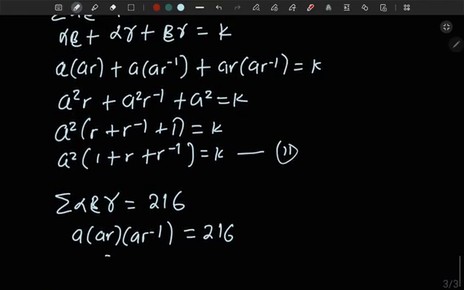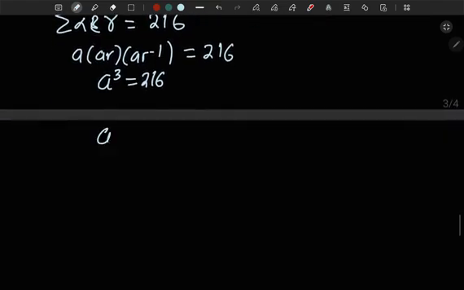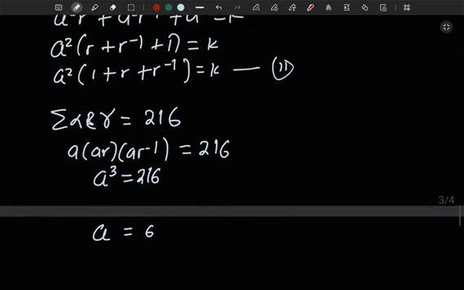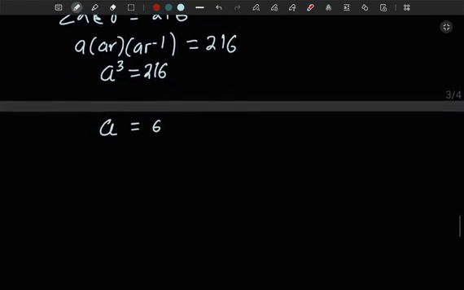In simplest form, this becomes a cubed equals 216. When you take the cube root of both sides, you have a to be 6. The other roots there are imaginary, and we only need real roots here, so we only consider a to be 6.